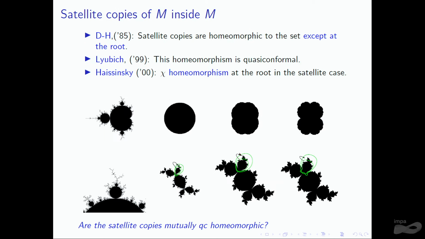The satellite copies are very annoying. Why? Because of the root. And Douady and Hubbard proved, still in 85, that they are homeomorphic to the Mandelbrot set except at the root. What's the problem of the root?